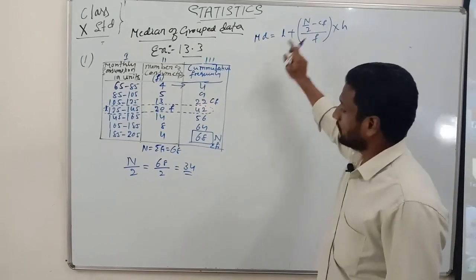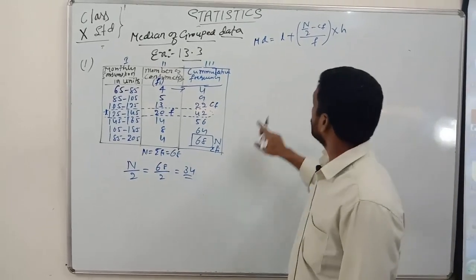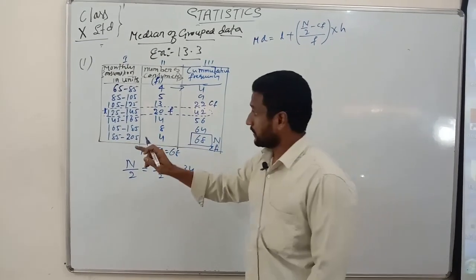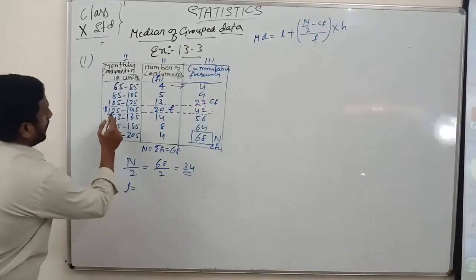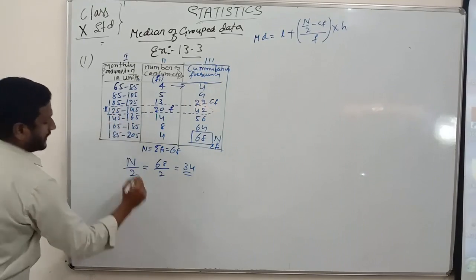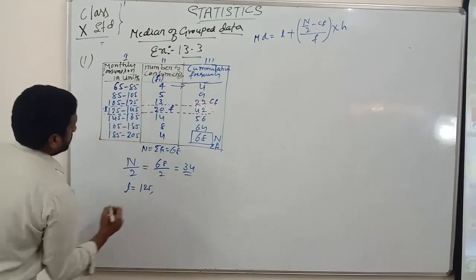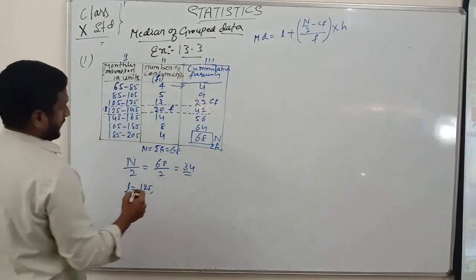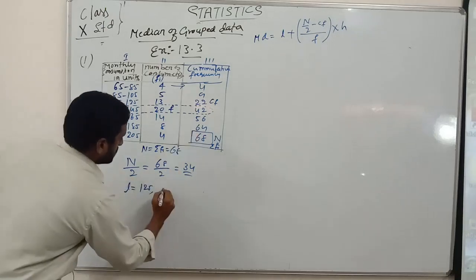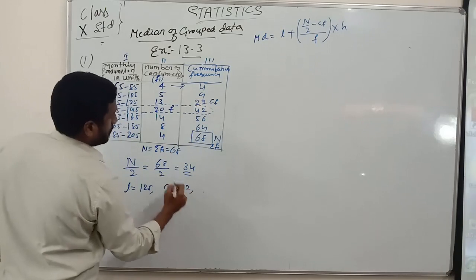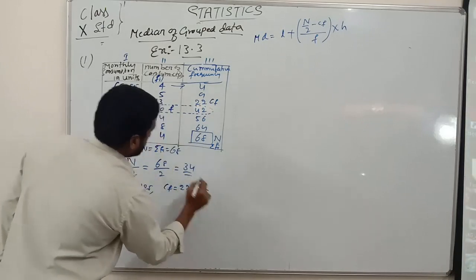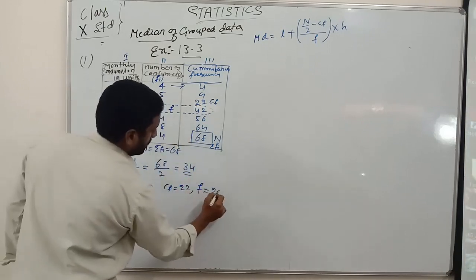N by 2 value I know that is 34. The L value, the lower limit, is the average of these two, nothing but 125. The CF value is the cumulative frequency, that is 22. The frequency F is equal to 20.